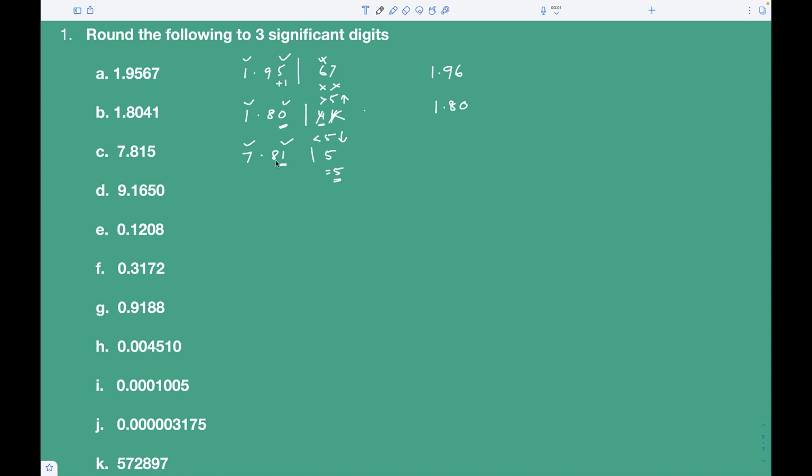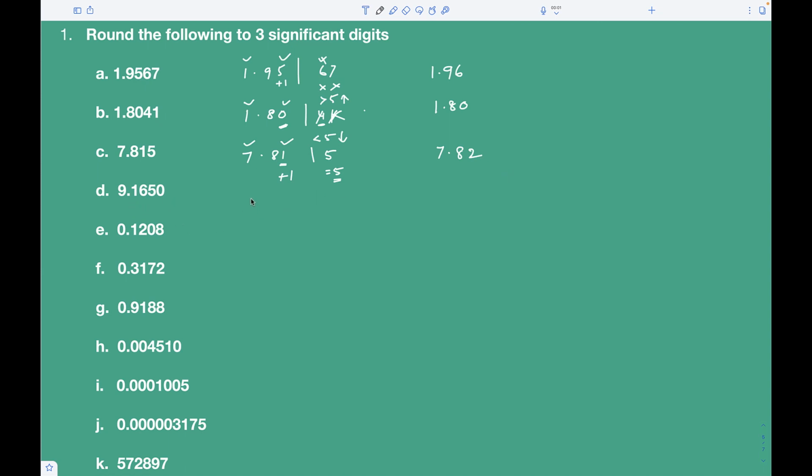Is it an odd number or an even number? Odd digit or even digit? Odd digit, right? And according to our rules, if it is odd, you have to round up. That is, you have to add a 1 to this last digit 1, so it becomes 7.82.